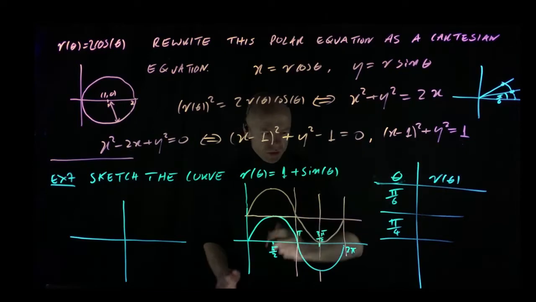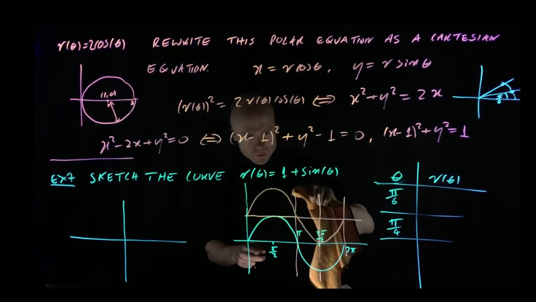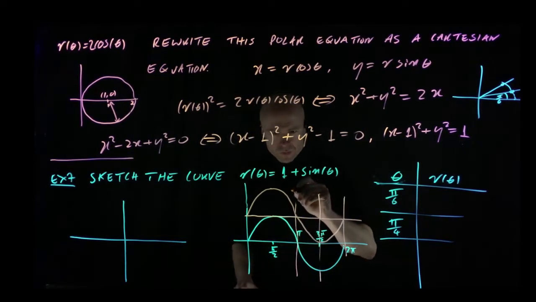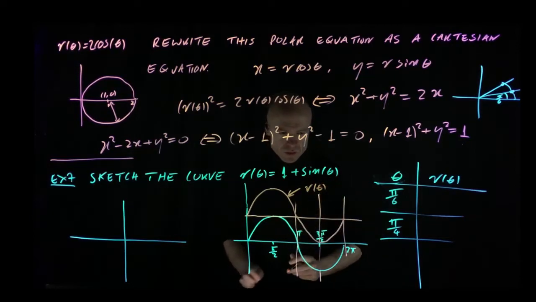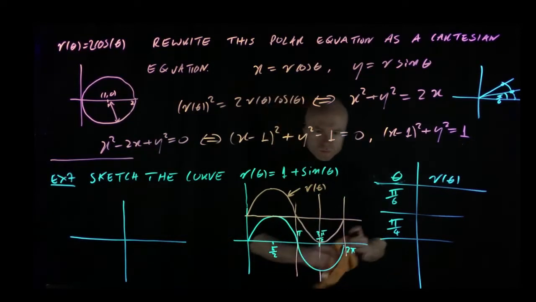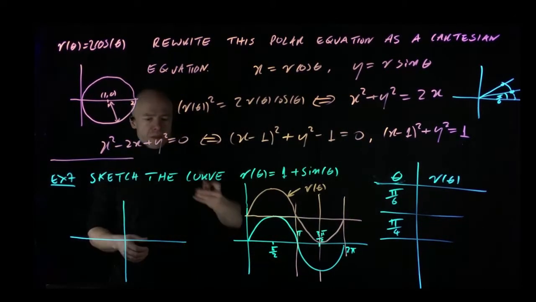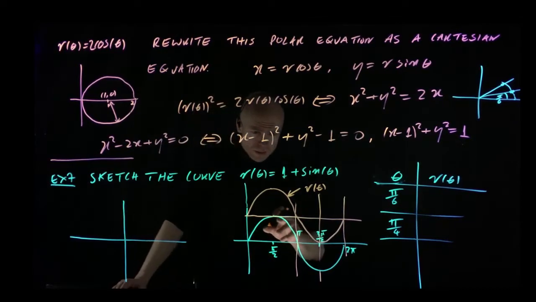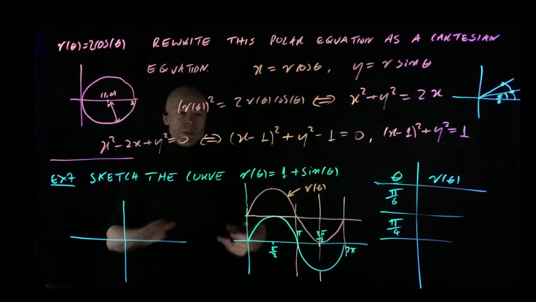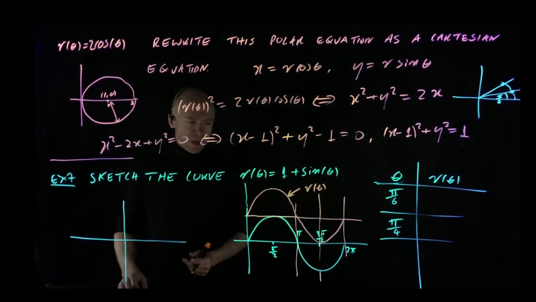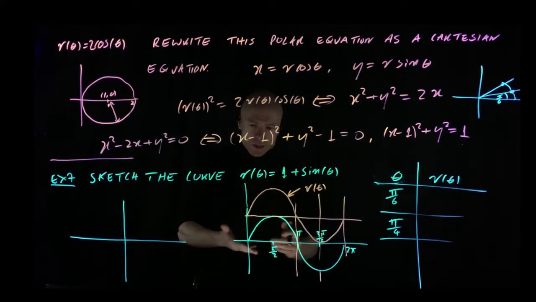So this is r of theta right here. All right, so what is easier about this guy is that it's always going to remain positive, so we don't have to worry about reflecting through the origin as we did when r became negative in the last example we did. So let's just start and see what happens.